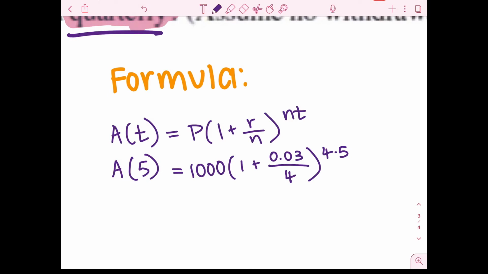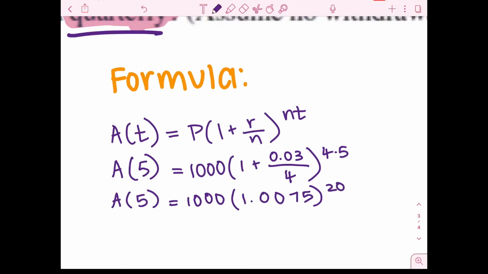And I'm going to be using a calculator for this problem, just so that it can be a little bit easier. So A of 5 is equal to 1,000 times, and if you simplify this, you're going to get 1.0075 to the power of 20 if we multiply the 4 and the 5 on top. Now it's going to be super hard to do 1.0075 to the power of 20 by hand. So I recommend just using a calculator.